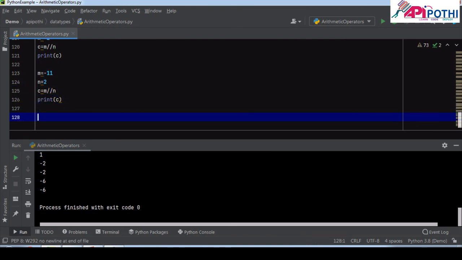Copy this one. 21 divided by 2: 10 into 2 is 20. So it should give q plus 1. So this is the third case.